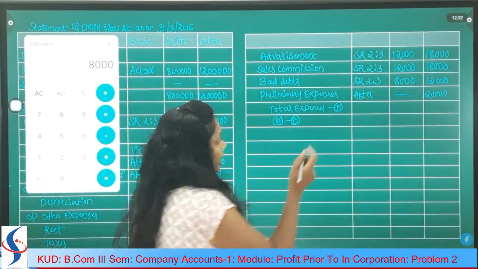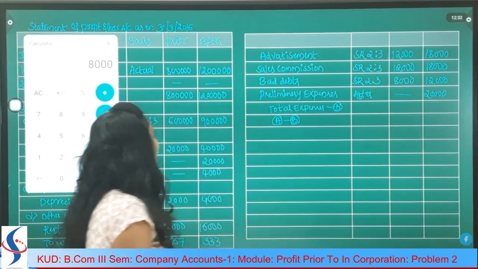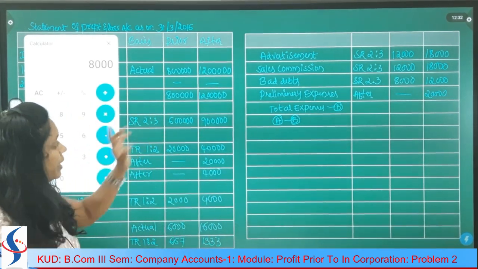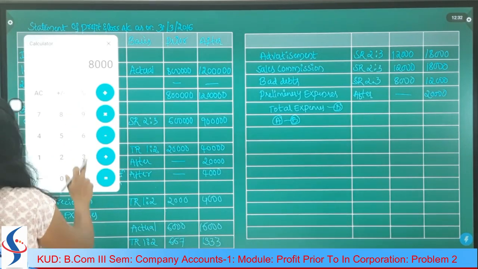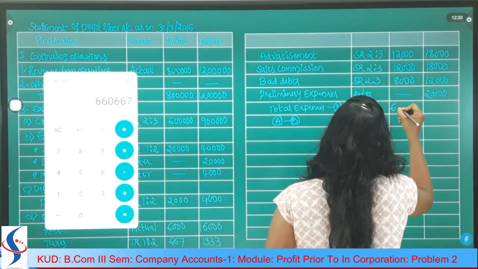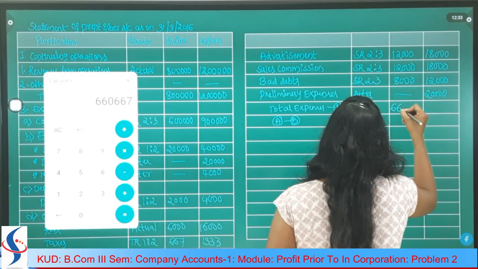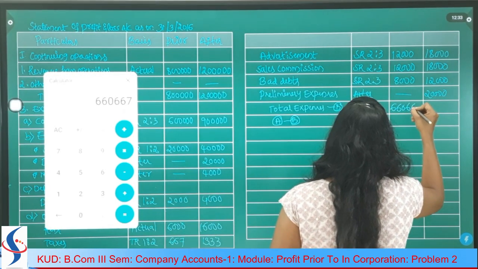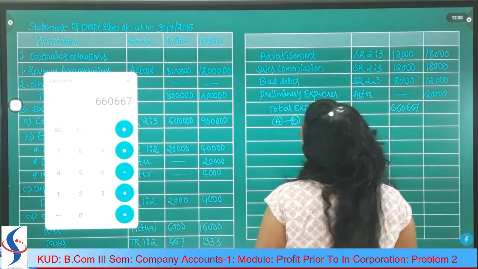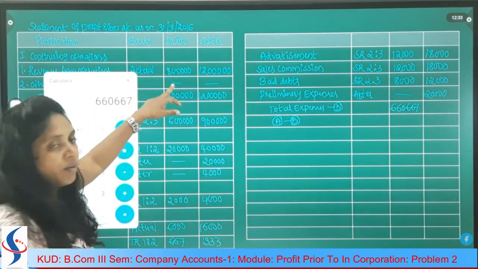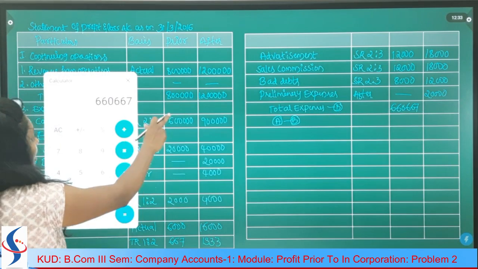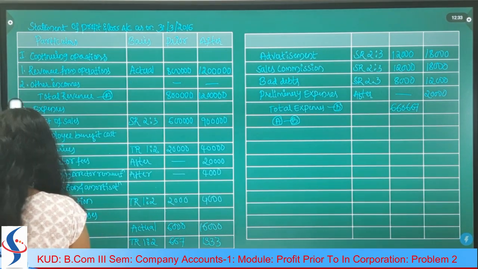Now it's time to make a total of expenses because we already did the totaling of incomes. We'll make a total of expenses. Expenses means it will start from cost of sales, which totals 6,60,667. This should be compared with the total revenue, and the total revenue is 8 lakh, right?